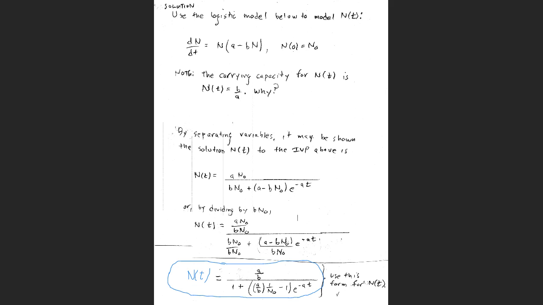A is unknown, right? B is unknown. But do we know n sub 0? Do we know initially the number of people who have seen the ad? That's right, 500 people. So there are only two variables.